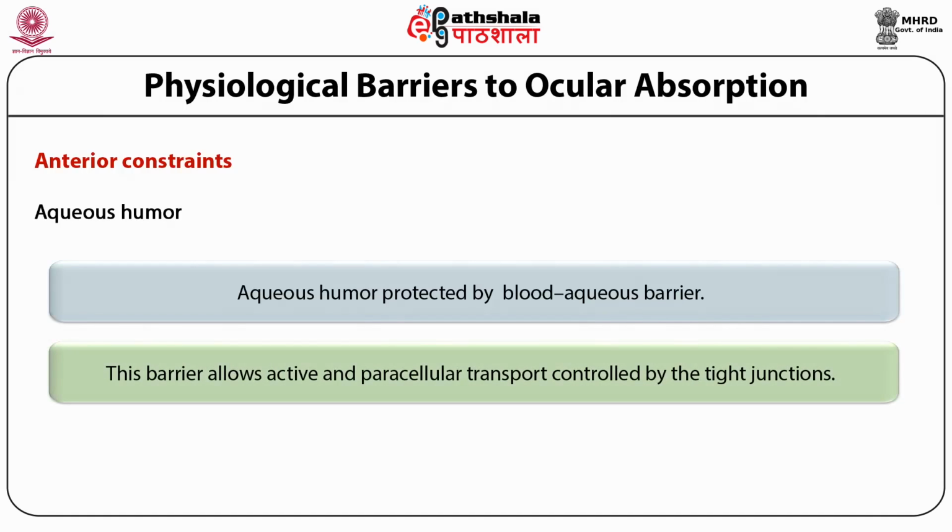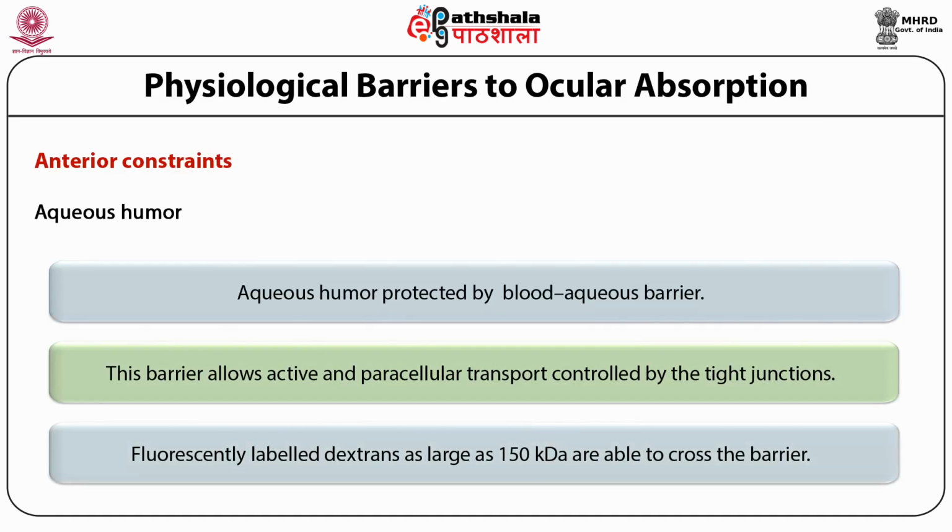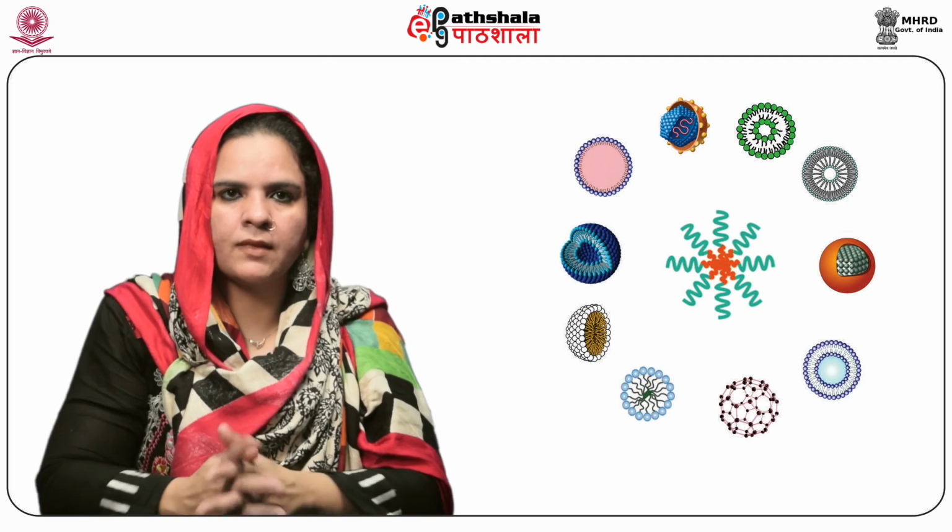This barrier allows active and paracellular transport of the drugs controlled by the tight junctions. Fluorescently labeled dextrans as large as 150 kDa are able to cross this barrier.